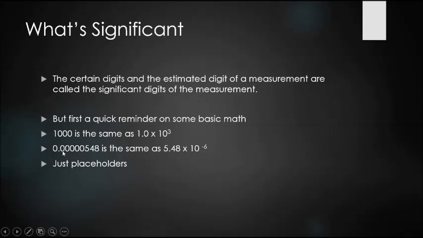Again, same thing, only backwards, basically. 0.00000548 is the same as 5.48 times 10 to the negative sixth. So sometimes these zeros are just going to act as placeholders. So if you see a 0 that is just a placeholder, it's not going to be significant.